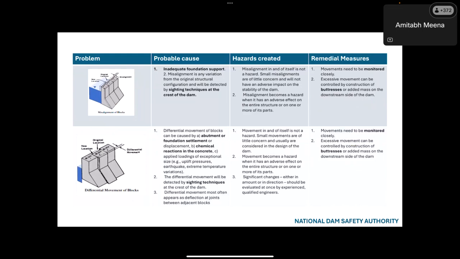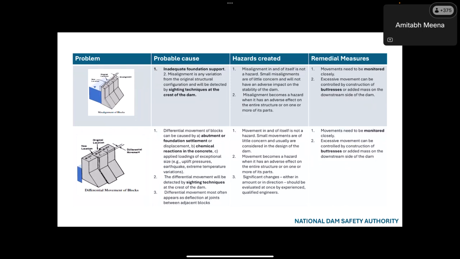So this picture, the first picture, shows the misalignment of blocks. Suppose these blocks shift away a little bit. This misalignment and differential movement, these are similar problems.